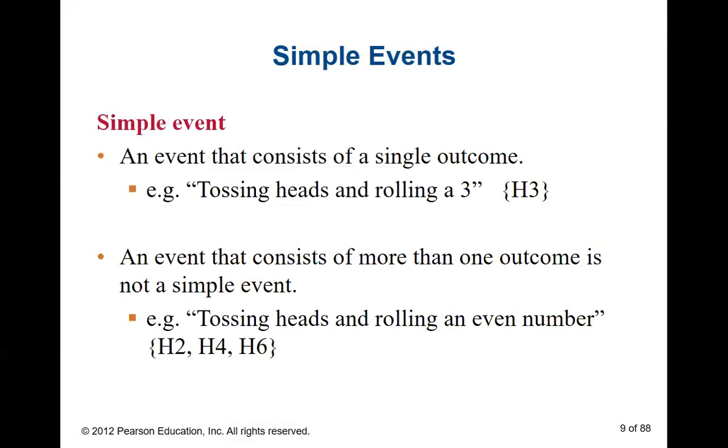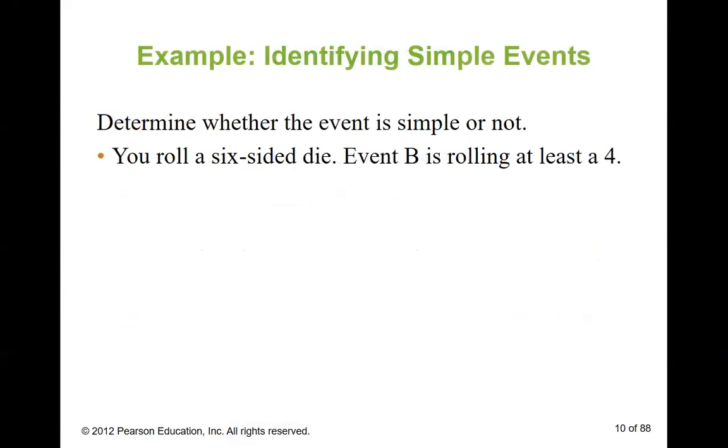Is there more than one even number on the die? Yes, there is. So it could be a heads with a 2, a heads with a 4, a heads with a 6. Since more than one outcome would meet this event, it's not simple. Does that make sense?